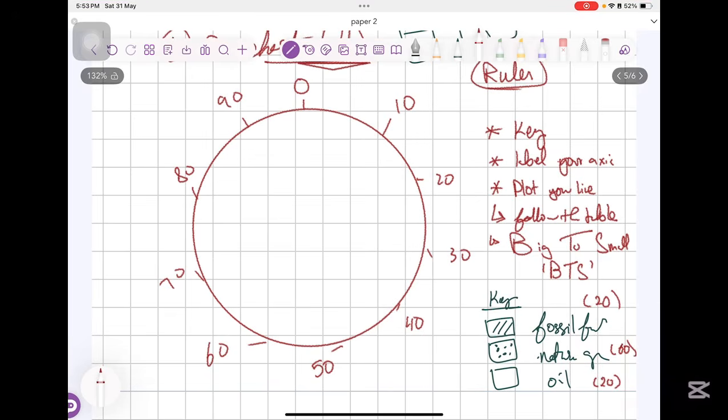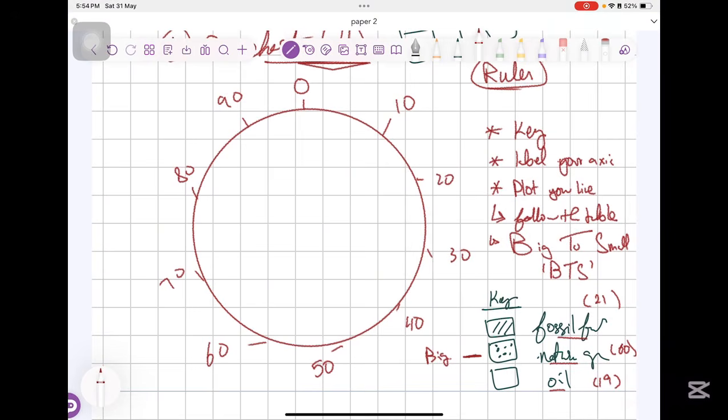This was the sequence in the table: we started with fossil fuels, then natural gas, and last was oil. You can either start with fossil fuels and follow that exact same pattern, or start with natural gas since it's the biggest, then go for fossil fuels and oil. Let me make it a little bit different: make fossil fuels 21 and make this 19.